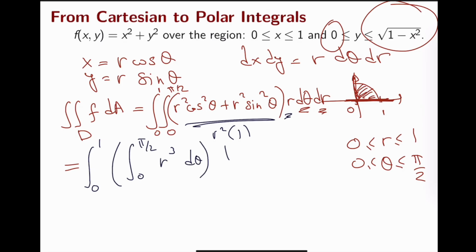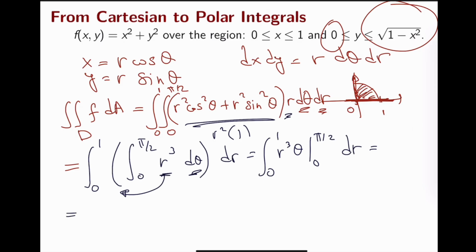And so when you integrate, this is a number, right? I mean, this is constant with respect to the angle. And so we can take this one out of the integral. This will be the integral from 0 to 1 of r cubed that goes outside of the integral, and just the angle evaluated between 0 and pi half, dr. We do the evaluation.